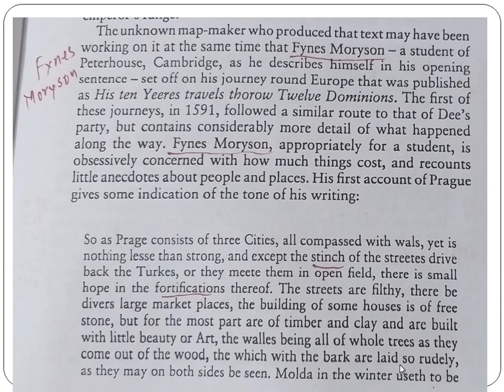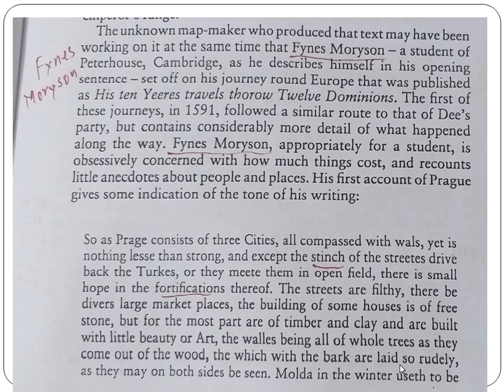Fynes Moryson, a student of Peterhouse, Cambridge. এরপরে আরেকজনকে আমরা পেলাম, ইনি ক্যামব্রিজের একজন স্টুডেন্ট এবং ইনি ভ্রমণ করলেন Peterhouse and set off on a journey around Europe, and that published his ten years travels through twelve dominions.